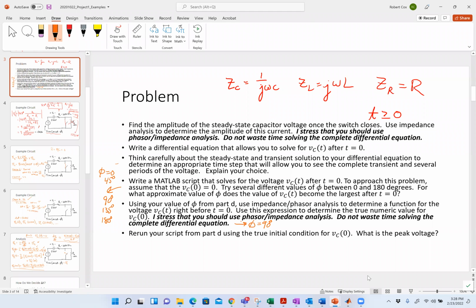Use this expression to find the true numeric value for V sub C of 0. All right, what am I asking there? What am I asking you to do?